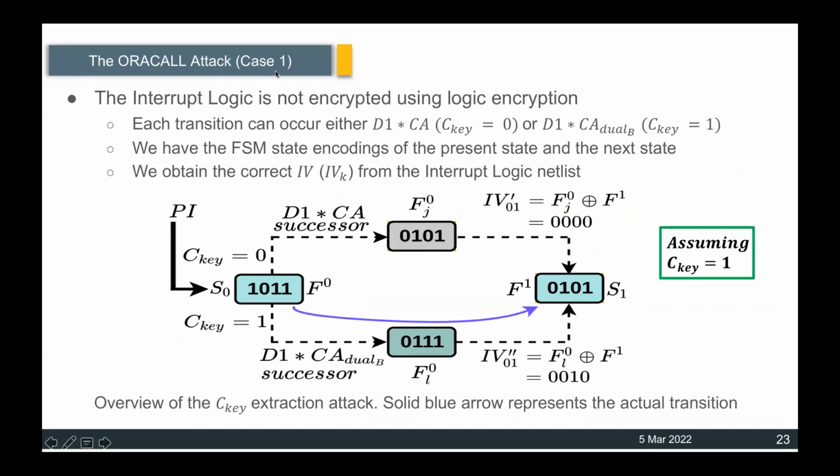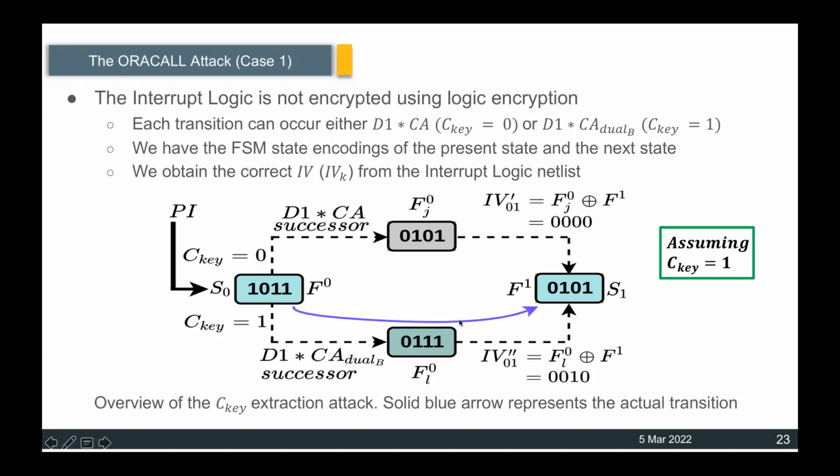So in case one, as I said, imagine that the interrupt logic is not encrypted. Suppose your initial state is S0. You make a guess that CK equal to 0. In that case, your D1 star CA successor is as shown over here, or if it is D1 star CA dual B, then it is another possibility.